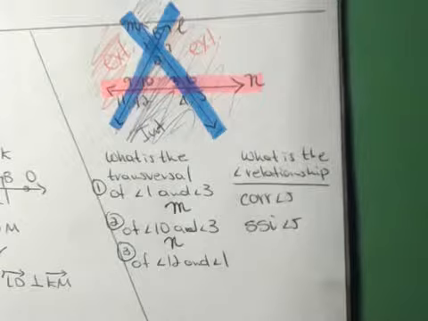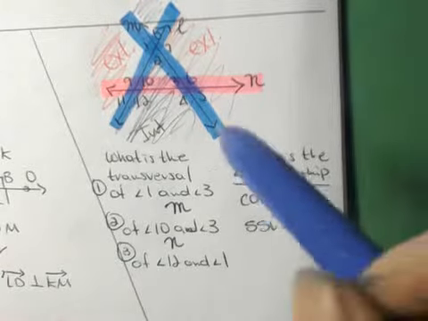Okay. So then we have 12 and 1. And we could do 12 and 1, so our transversal is going to be what?